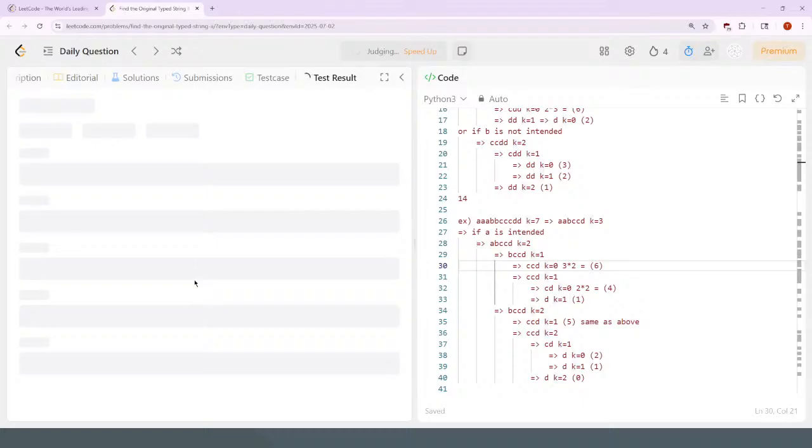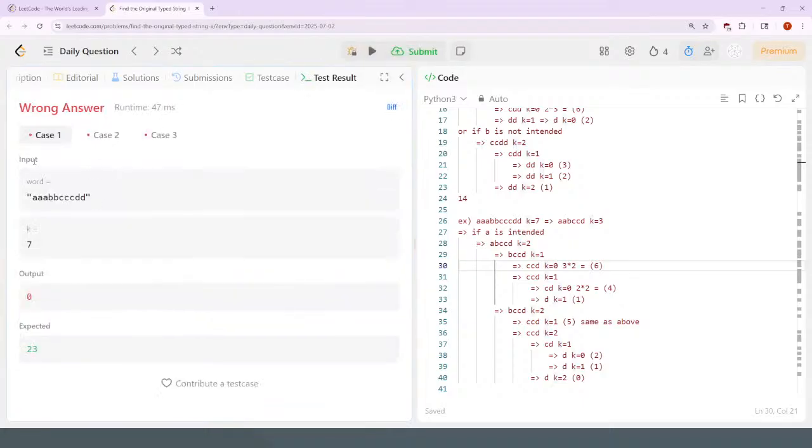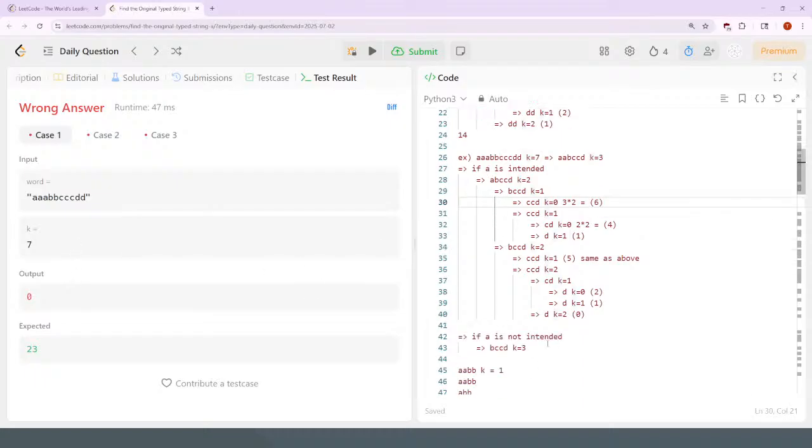Hopefully it's 19. Oh boy. It is definitely not 19. Oh wait. Did I not do this bottom part? A is intended. A is not intended. Okay, I guess I didn't do this bottom part.